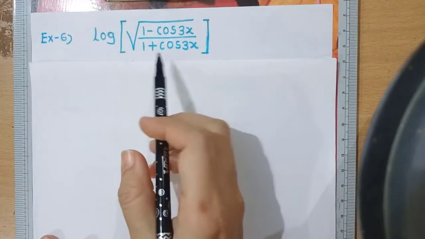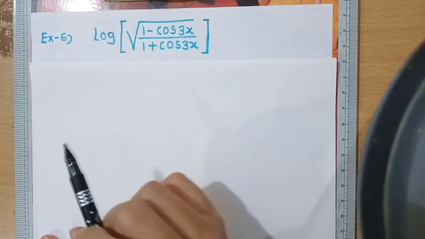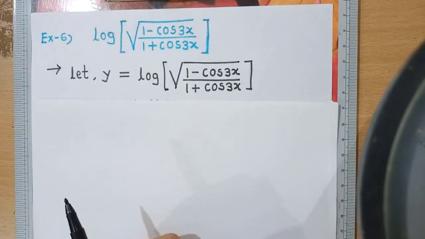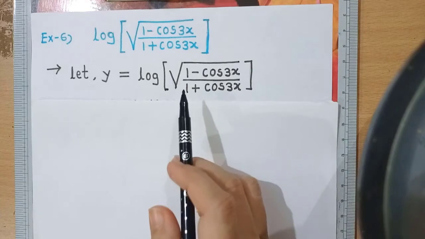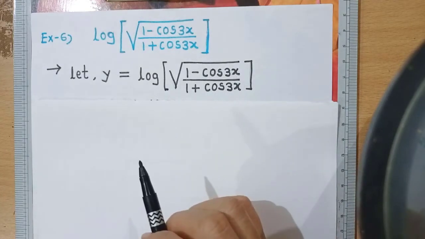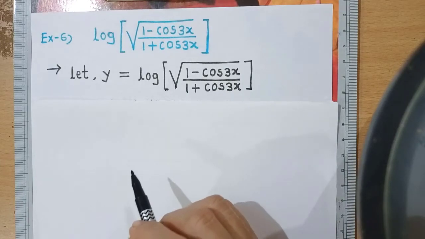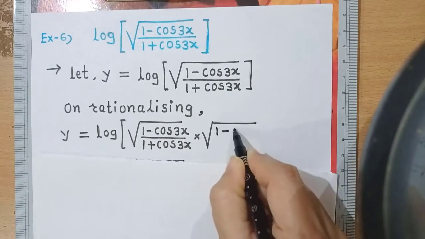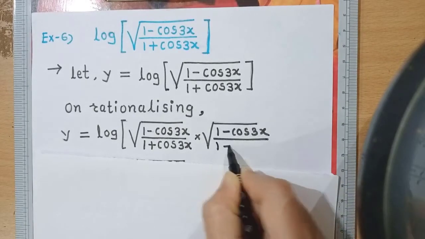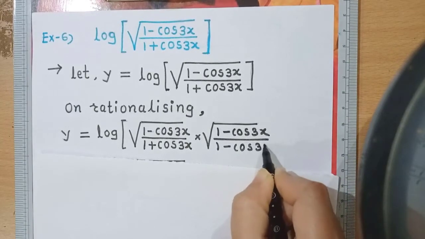Now our next example is this, and as usual our first step is let y is equal to the given function. First we will simplify this function because we can see the radical sign. By rationalizing, here we will write 1 minus cos 3x, and here also 1 minus cos 3x.